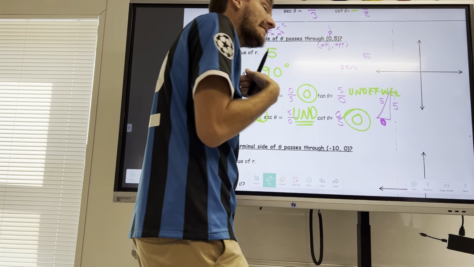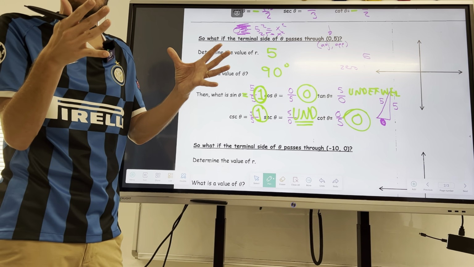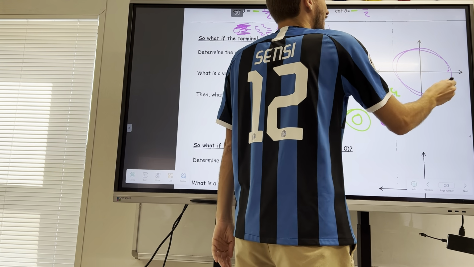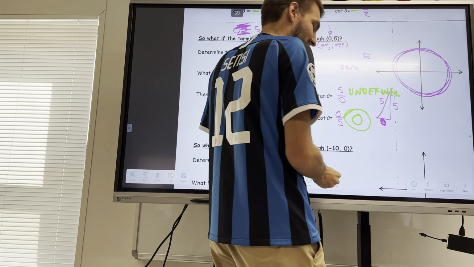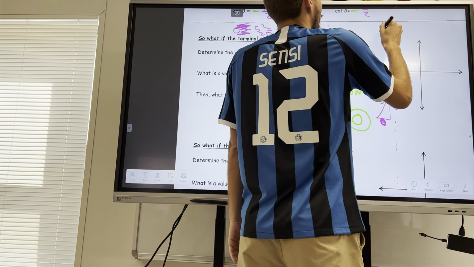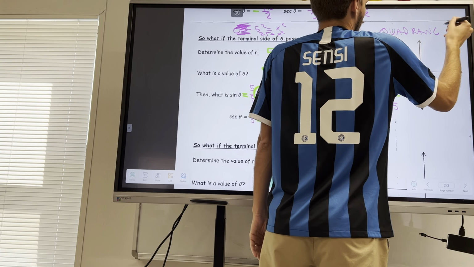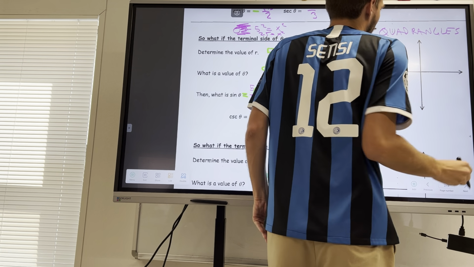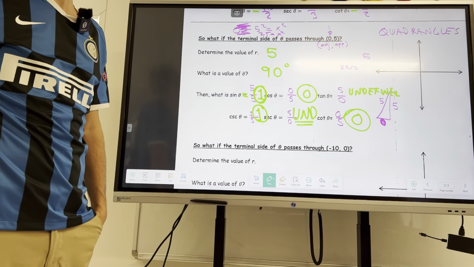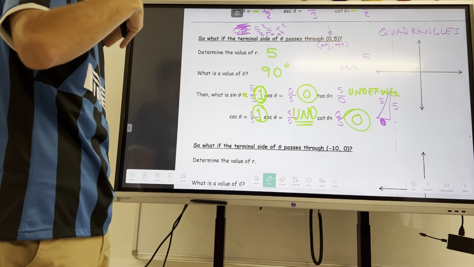Now, I like to think about this as the corners. But if we're drawing a circle, can a circle have any corners? No, circles don't have corners. So they have a very fancy name. It is called quadrangles, or sometimes even quadrantals, but we're going to go with quadrangles, which is basically just the corners. It's those perfect 0, 90, 180, 270.